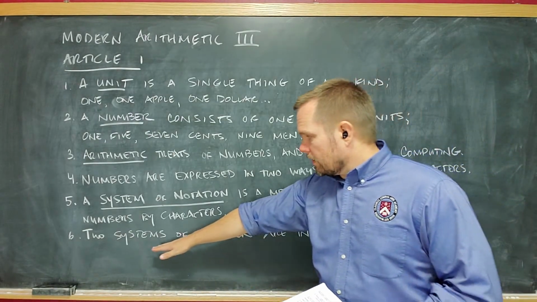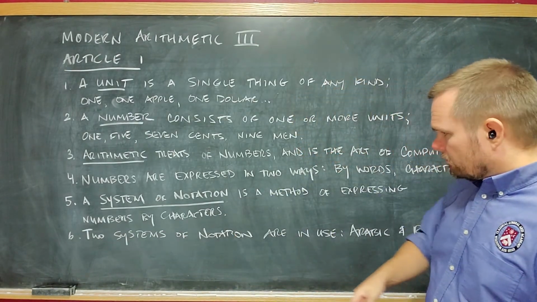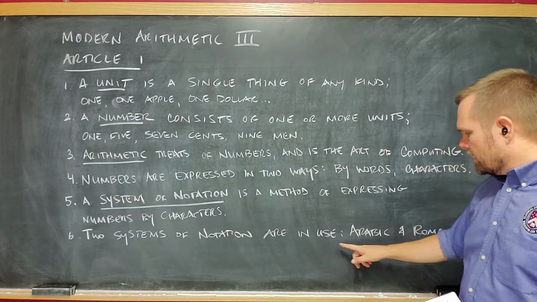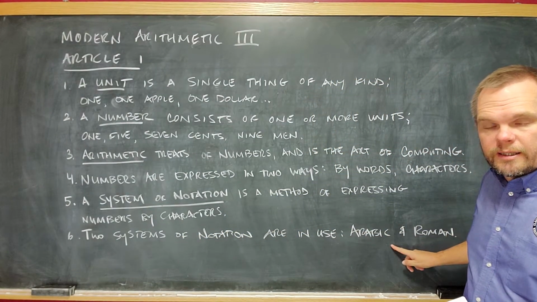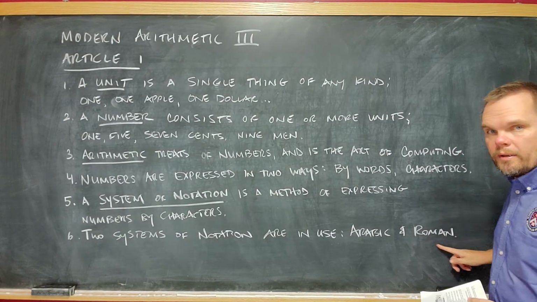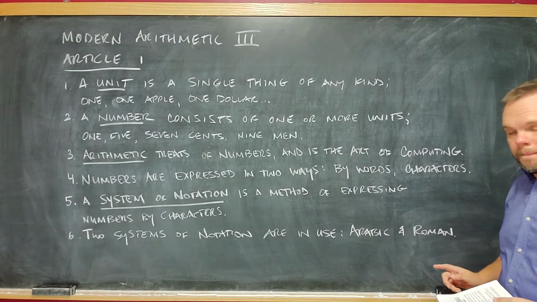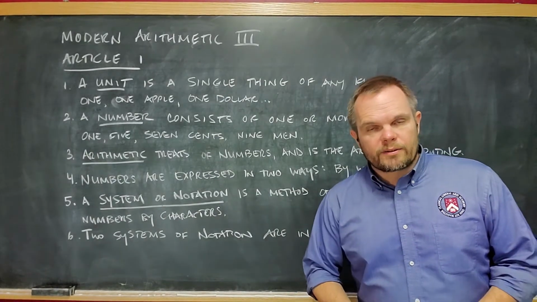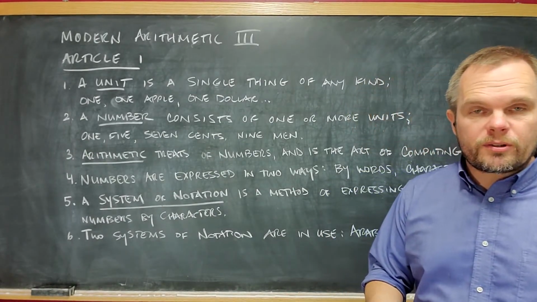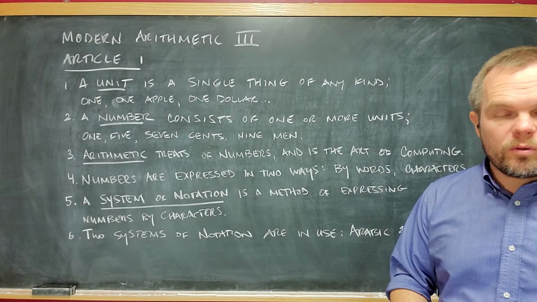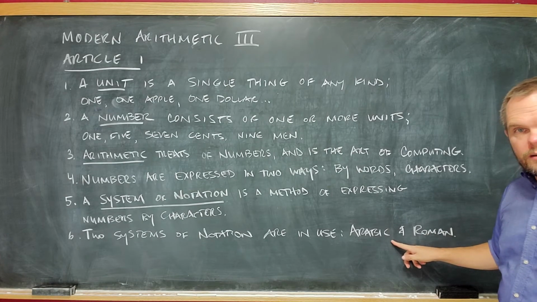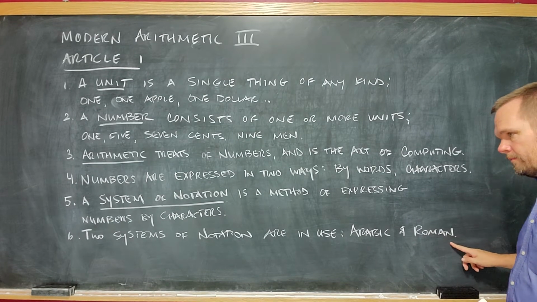Here we learn them in number 6. 2 systems of notation are in use: Arabic notation and Roman notation. So there are 2 important different ways of expressing numbers using characters or symbols. And those 2 ways are Arabic and Roman.